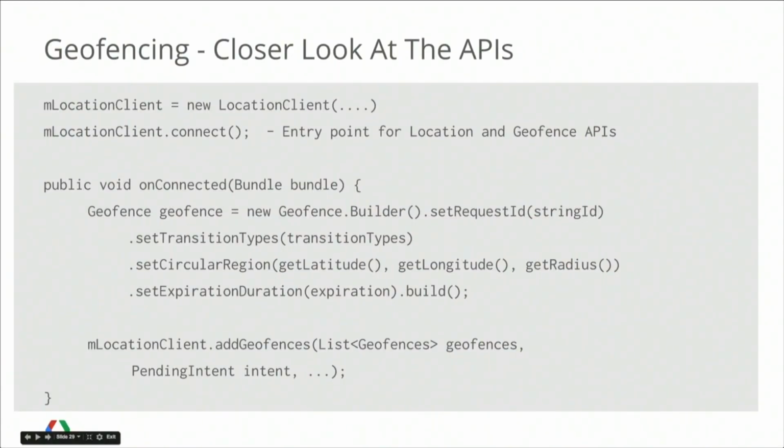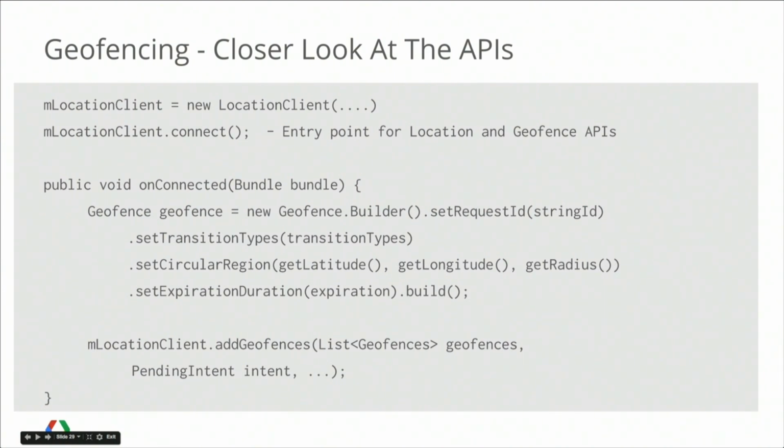All right, so let's look at the APIs. You create a location client object, call connect on it, just exactly the way you're doing for the Fused location provider. You get an onConnected callback, and you create a new geofence object. You set the request ID, the transition types, whether you're interested in entering or exiting the building, the type of geofence.